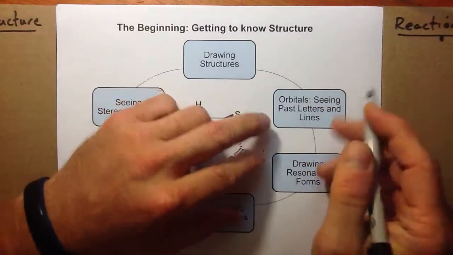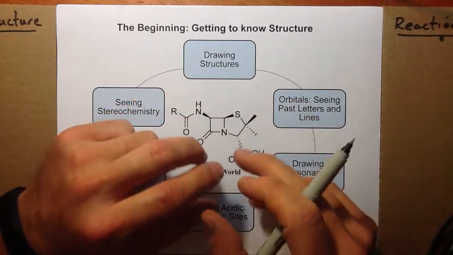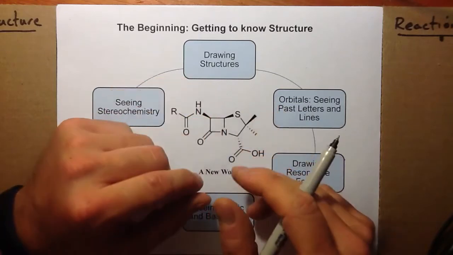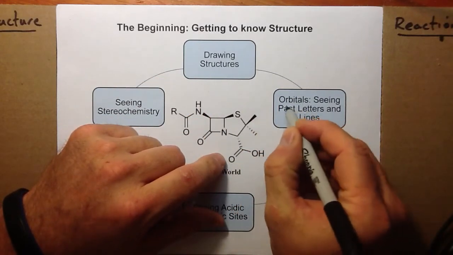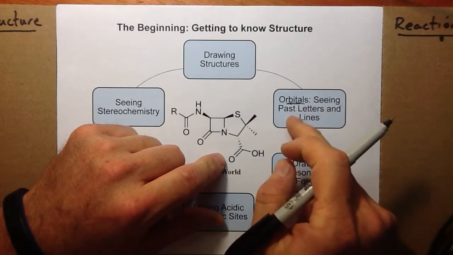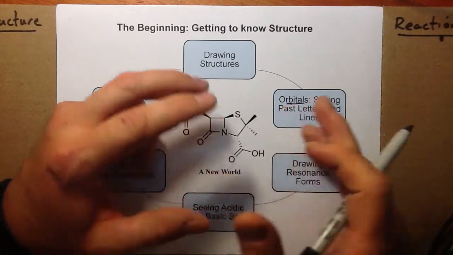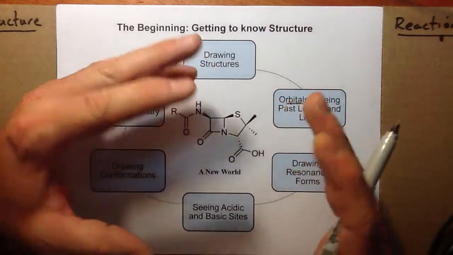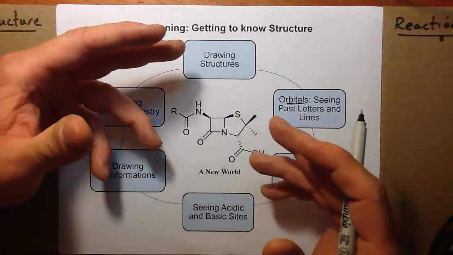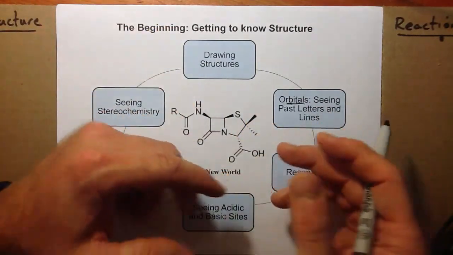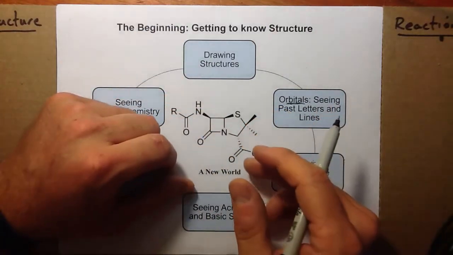But the second task is moving beyond just letters and lines, the frame that we look at as we start understanding structures, looking past that to seeing not just letters and lines, but orbitals, wave functions, things that quantum mechanics informed us of in the late 19th century, early 20th century, the 1800s, late to early 1900s.